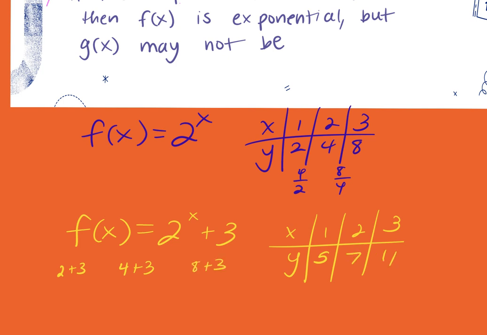Are those values proportional? No. 7 over 5 does not equal 11 over 7. So just because your parent function is exponential and has proportional values does not mean a shifted one will stay proportional. Does that make sense? Okay.